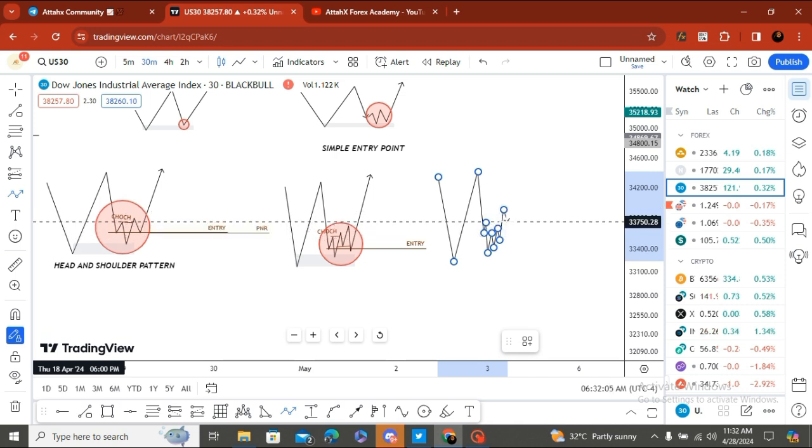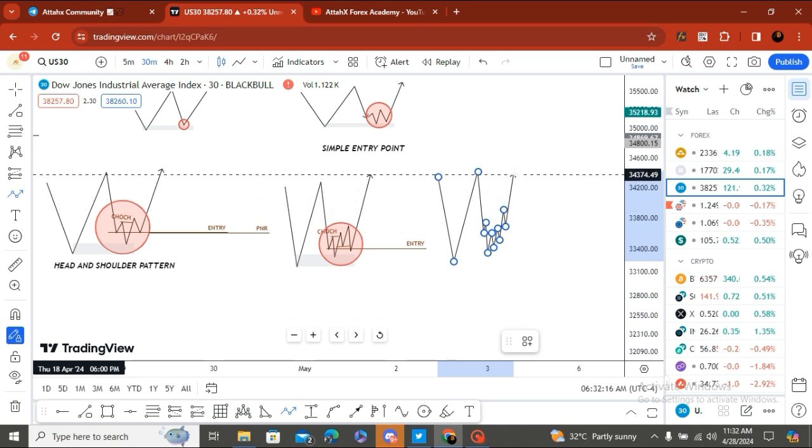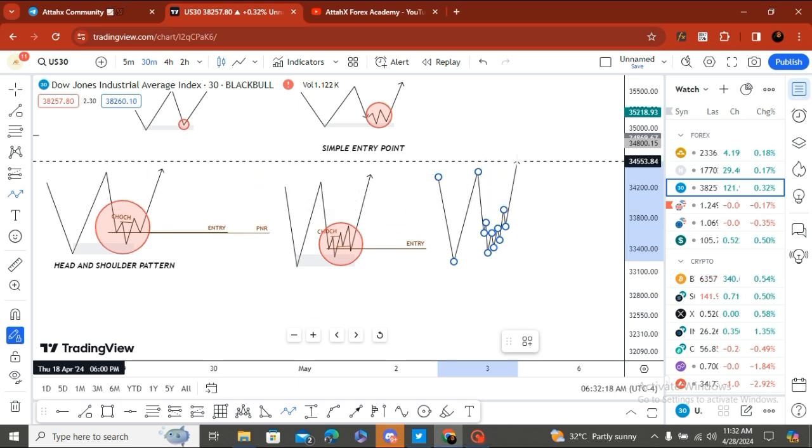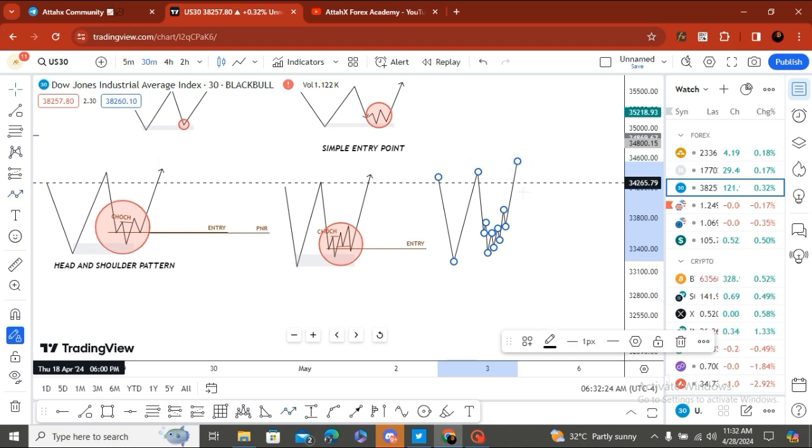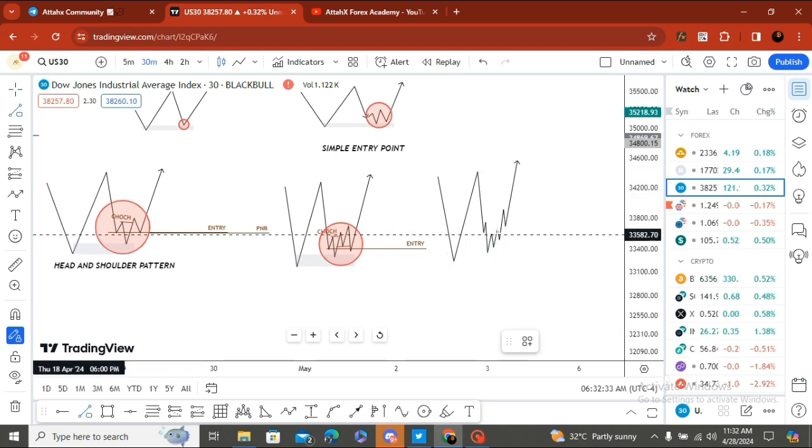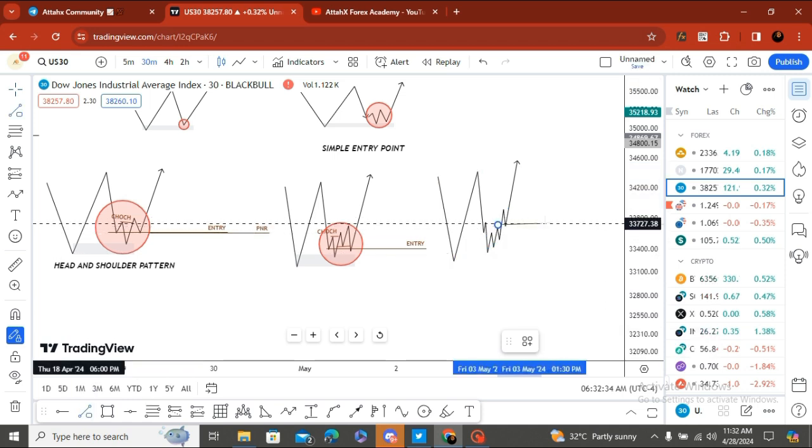So I expect price to come back to this breaker block and then mitigate it, which is called the point of no return, then causing it to break the higher time frame structure, right?